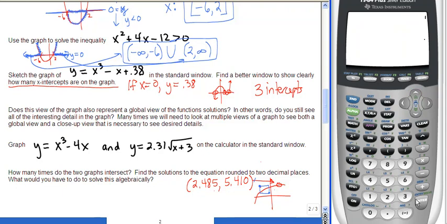Hit enter. Ooh, you can start to see there's a little tiny bit of a gap in between these two graphs. If you're not convinced, you can do it again. You don't even have to hit zoom box anymore. You just move that cursor, and it's just going to keep doing zoom boxes until you quit.